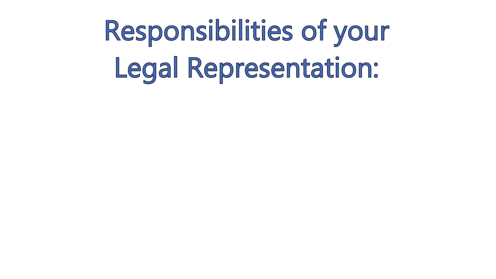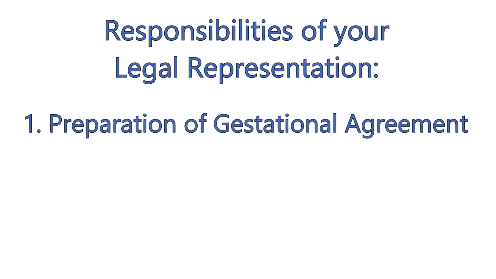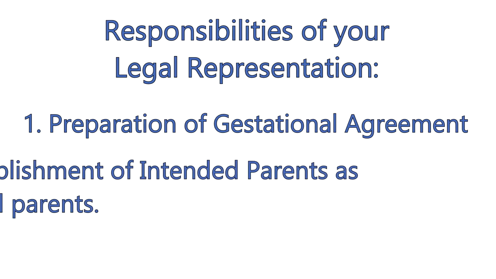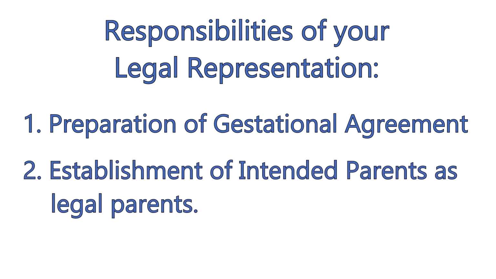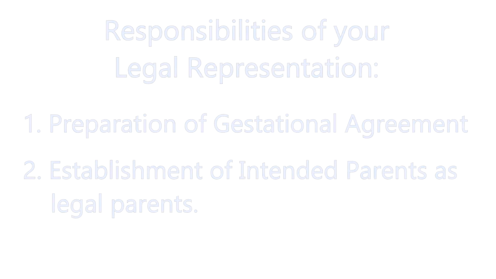So in Texas, that's going to be preparation of a gestational agreement, which is going to provide that the intended parents are parents of the child that is carried by the gestational surrogate. And then it's also going to include the establishment of the intended parents as legal parents pursuant to the Texas Family Code.